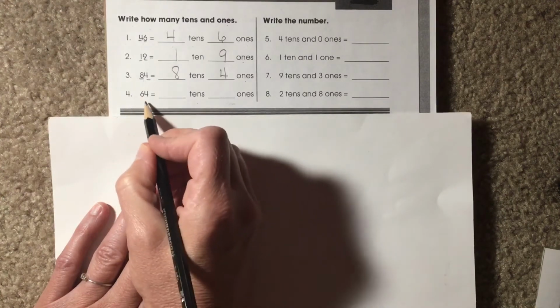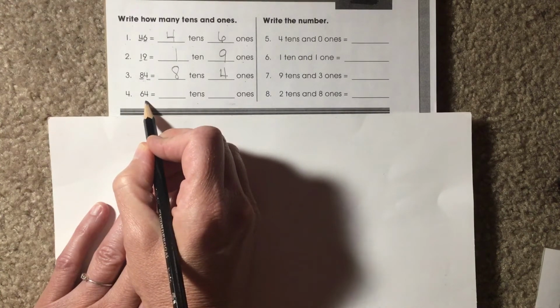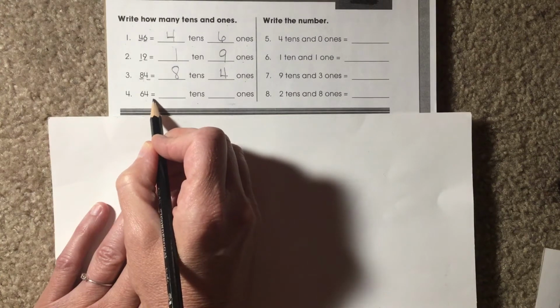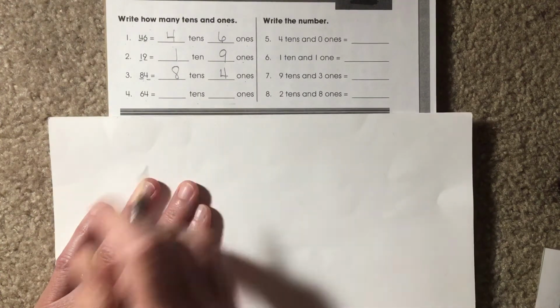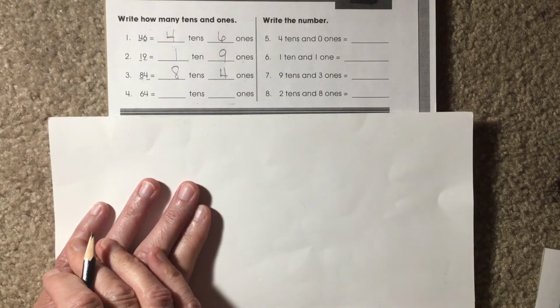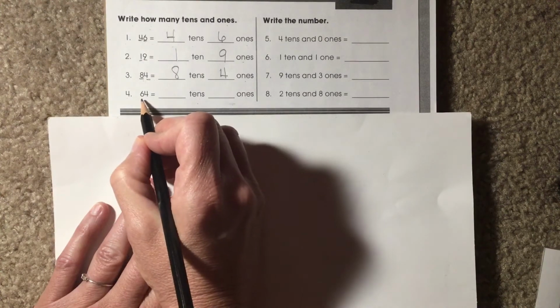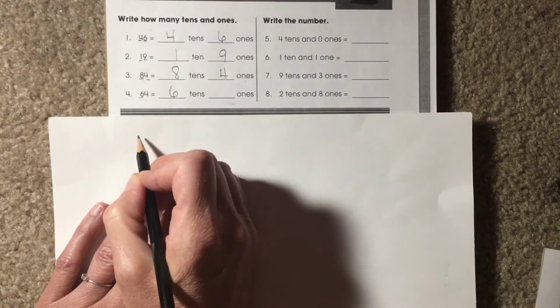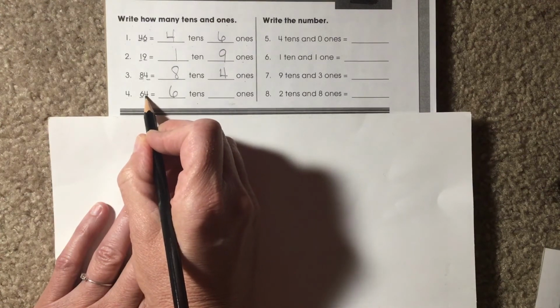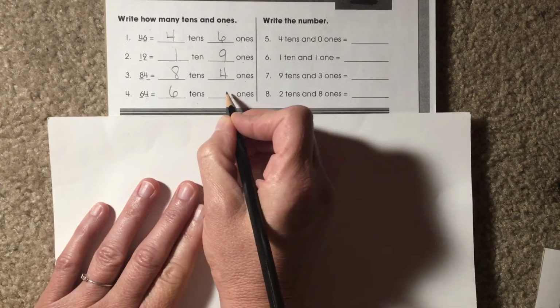Number 4, 64. 64 equals how many tens and how many ones? 64 equals 6 tens and 4 ones.